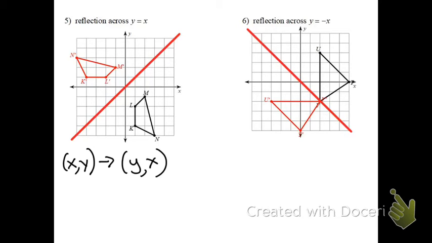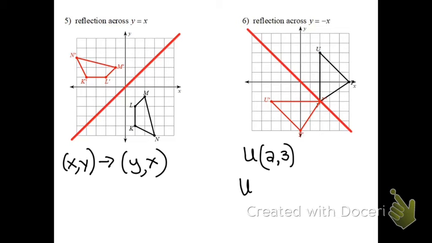Again, you could either just count diagonally to that line, go right through the diagonals of the squares, or let's see if we can figure out this rule. Let's use point U. The coordinates of the original U, the pre-image, the black one, would be over 2 and up 3.